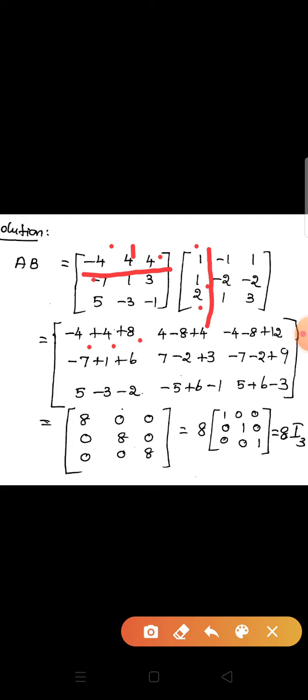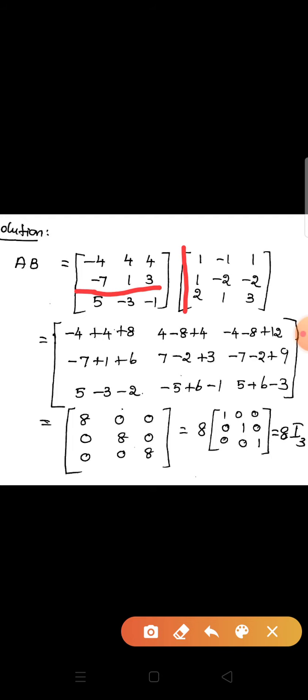Next we multiply the first row with the second column. Minus 4 into minus 1 is plus 4, 4 into minus 2 is minus 8, 4 into 1 is 4. Next the first row with the third column. Minus 4 into 1 is minus 4, 4 into minus 2 is minus 8, 4 into 3 is 12.